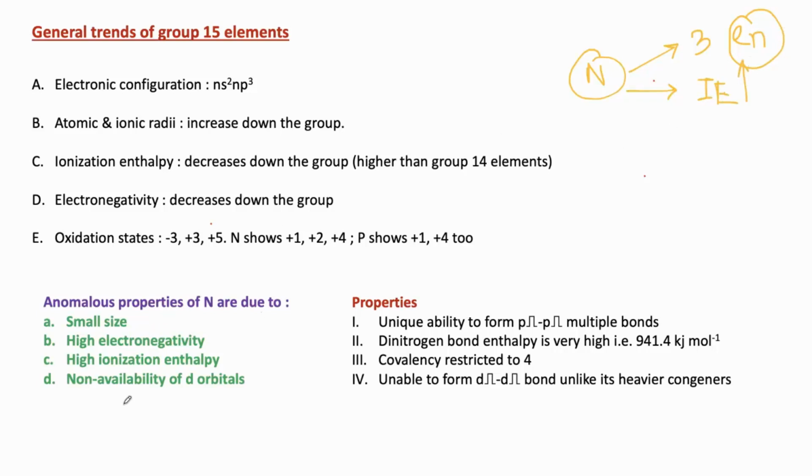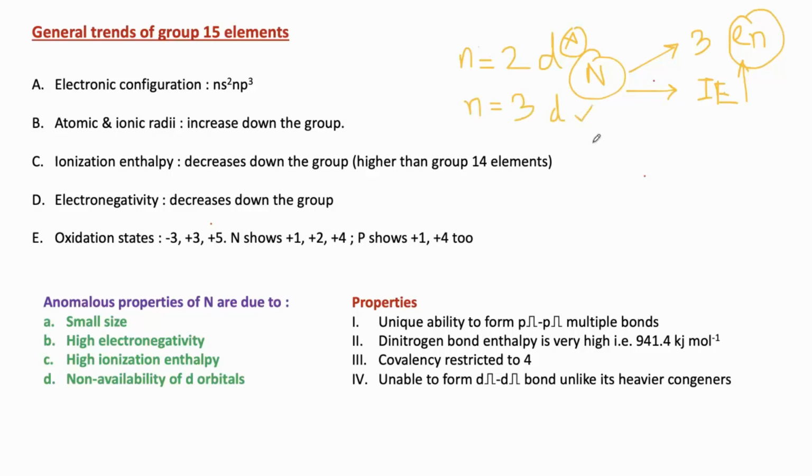And lastly, one of the most important factors that govern the anomalous properties of nitrogen is the non-availability of d orbitals. The principal quantum number of nitrogen is 2, and for n equal to 2 there is no d orbital, because the d orbital starts from n equal to 3.